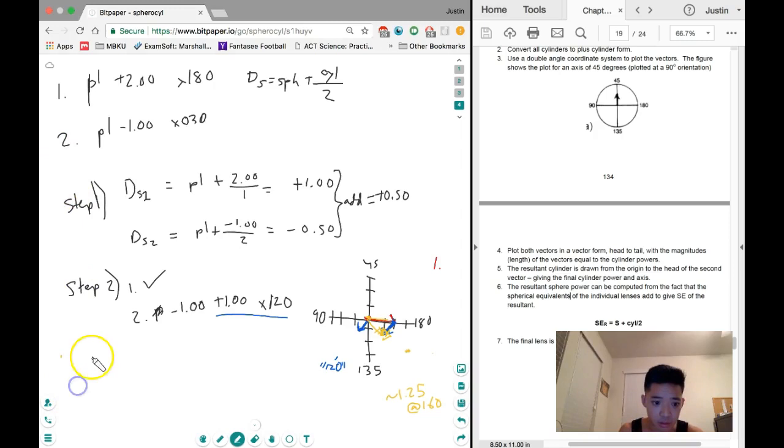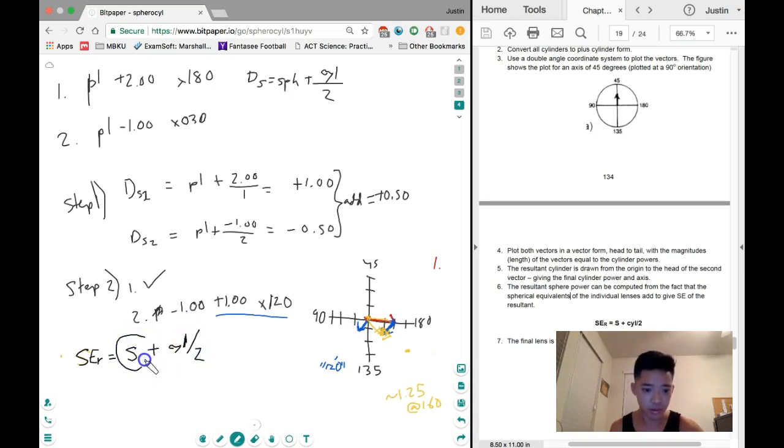SER equals S plus cyl over 2. And we want to find this. We don't have this one.